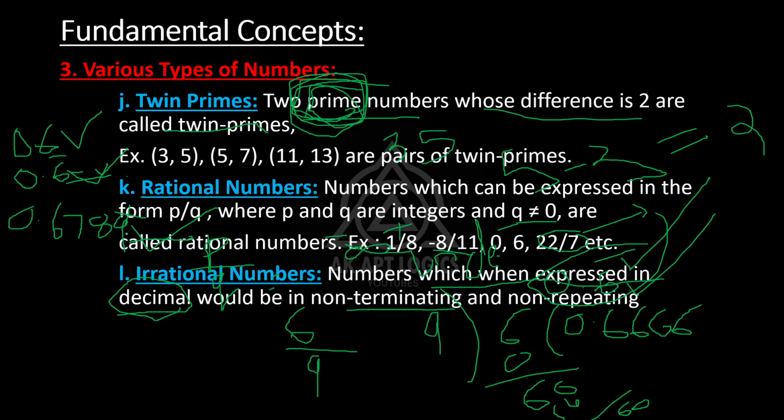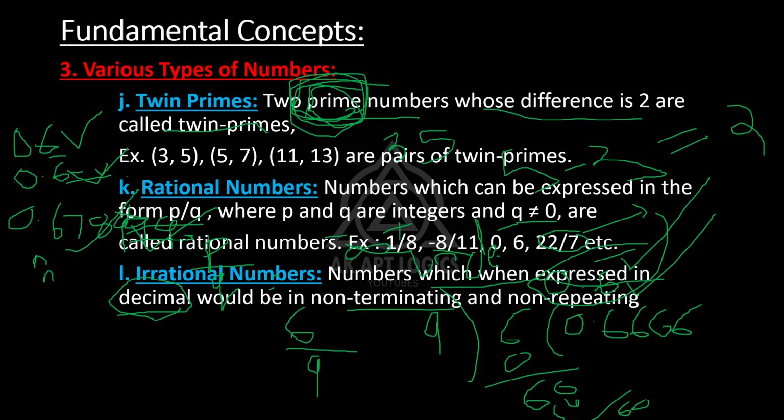So it is continuing up to infinity. After 9, we can't say that 9 will be repeated till infinity. So this particular number is non-terminating and non-repeating.